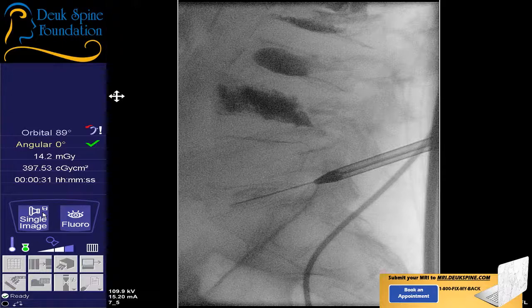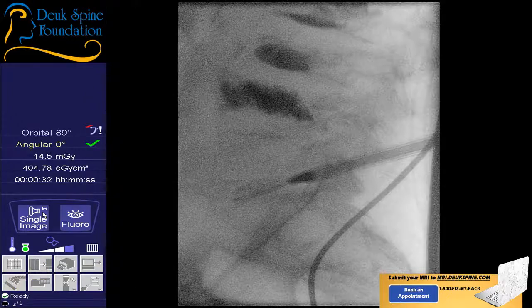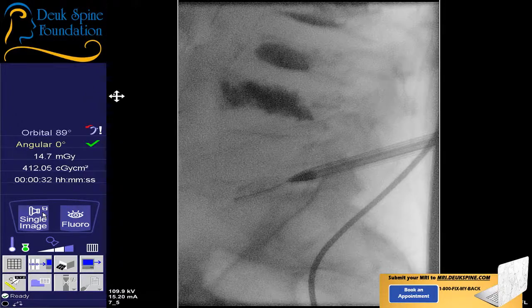He's comfortable? Yeah, here's where we get to the annulus. This is the part that will be the most uncomfortable for him.